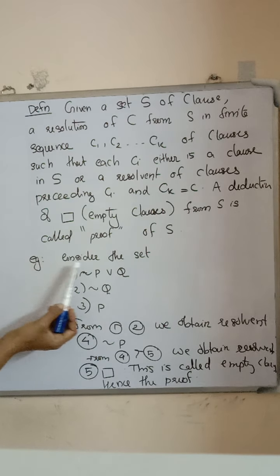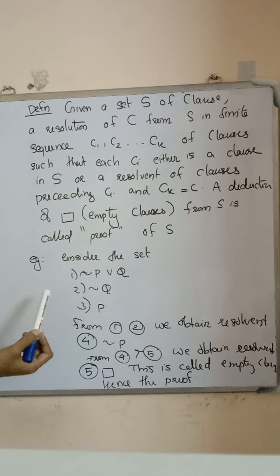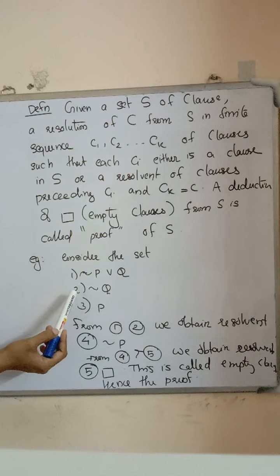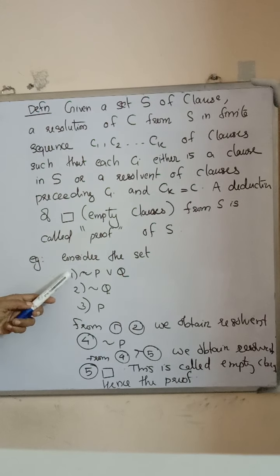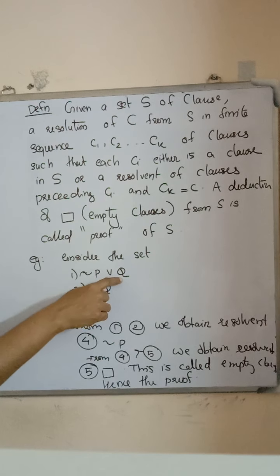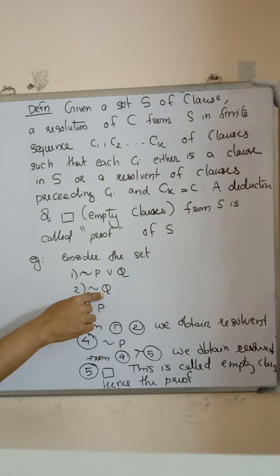For example, consider the set S with three clauses. First, negation P or Q. Second clause, negation Q. And third clause is P. From the first and second clauses, the resolvent: in the first clause there is a literal Q, and in the second clause there is a literal negation Q. Here Q and negation Q are complementary to each other.